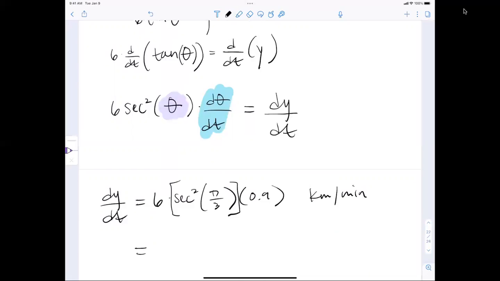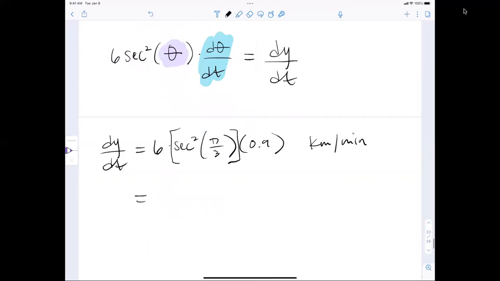To simplify by hand, so without using a calculator, you wouldn't need to use an identity. But if you want to use a calculator because you're a little rusty on your unit circle, we would need to use an identity to rewrite, because there's no secant button on your calculator. There is a cosine button though. And if you remember, secant is the reciprocal of cosine.